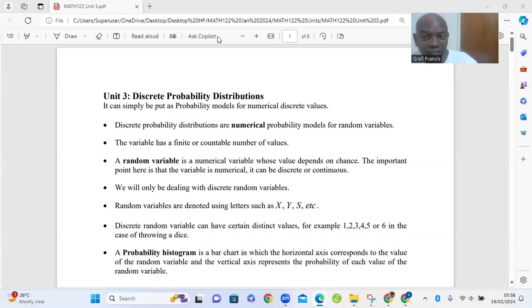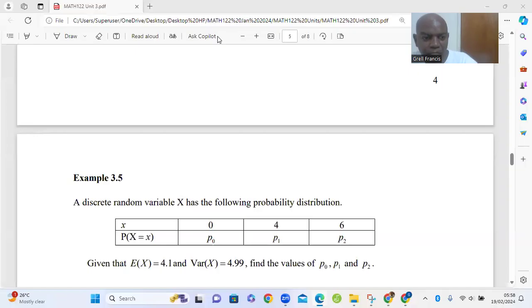So let's go back to example 3.5. Here we are presented with a discrete random variable X that has the following probability model, probability table, or probability distribution. So this random variable can only assume certain values, 0, 4, or 6, nothing else, nothing more, nothing less.